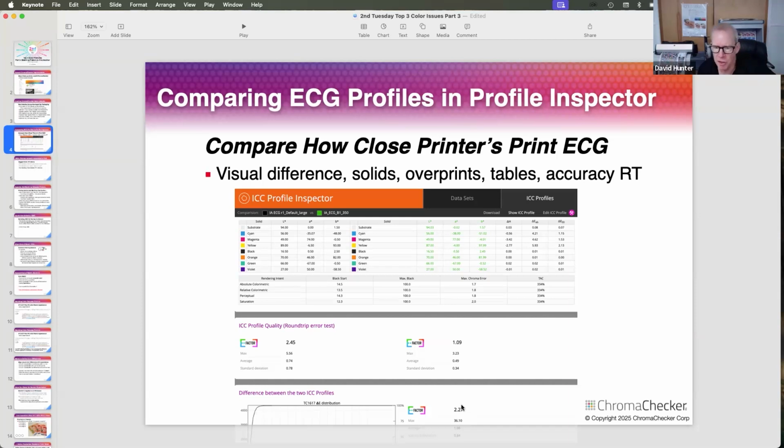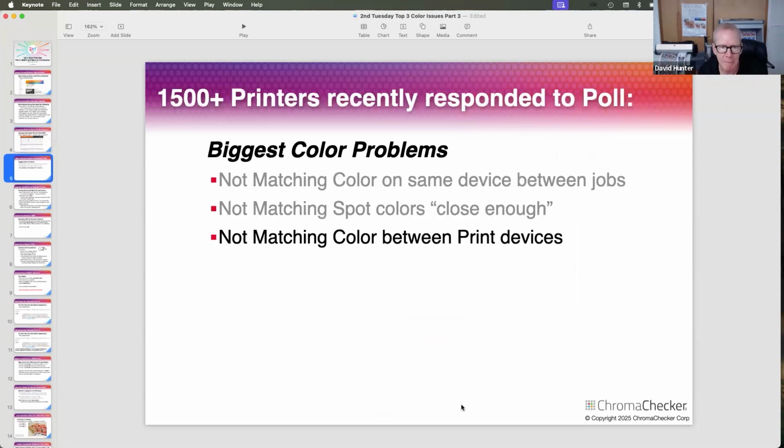This is showing it with ECG. I'll also be talking about using the same tool in Profile Inspector for CMYK to compare how close two printers are rendering in their profile condition, so that you can really see the value of this. I don't know of any other program that does this, but for ECG, it's really handy.